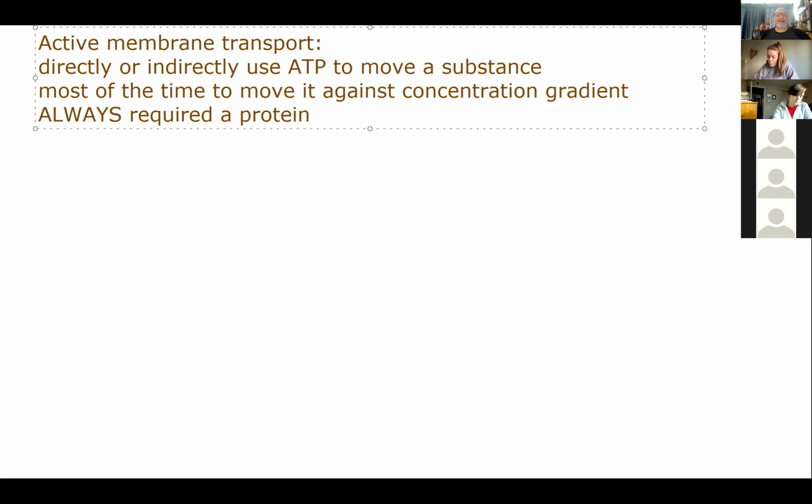So all active membrane transport is facilitated, right? Because there's no way we can get something to move against its concentration gradient without a protein. Yes, Yulia. So the previously covered passive transports, can they also be against the concentration gradient? They can never be against the concentration gradient.